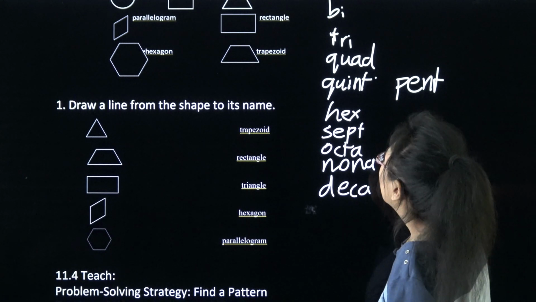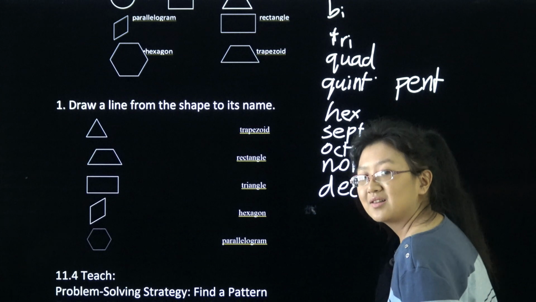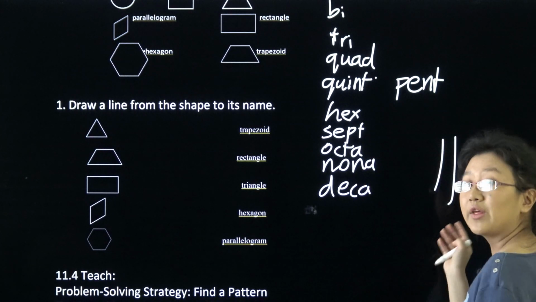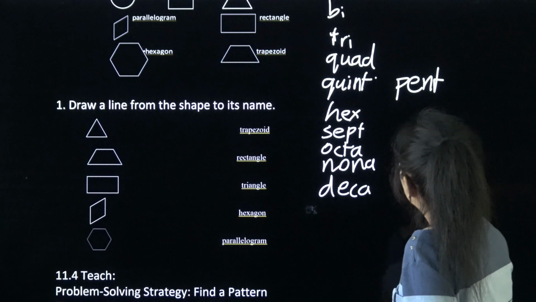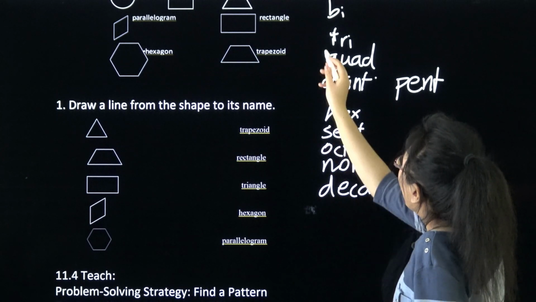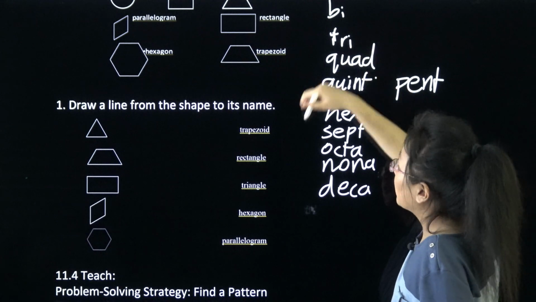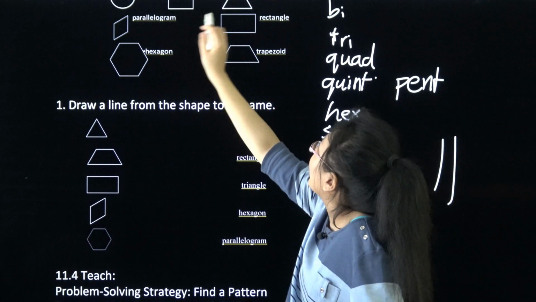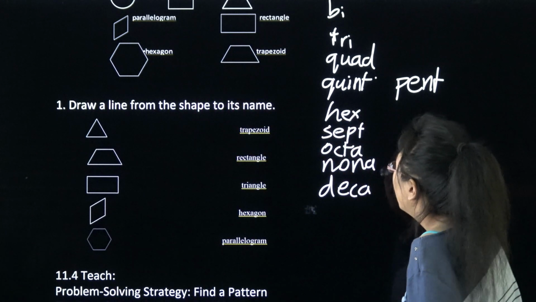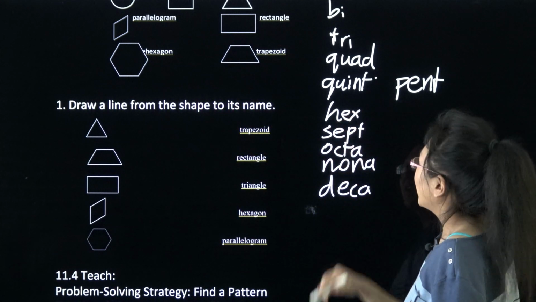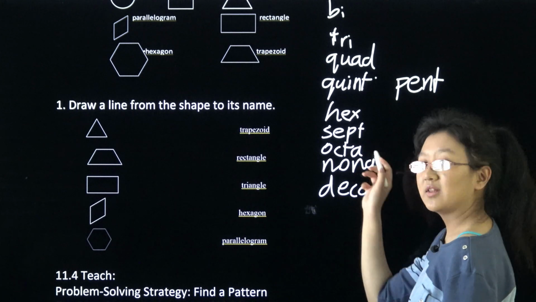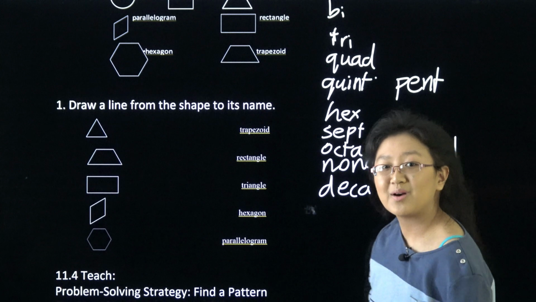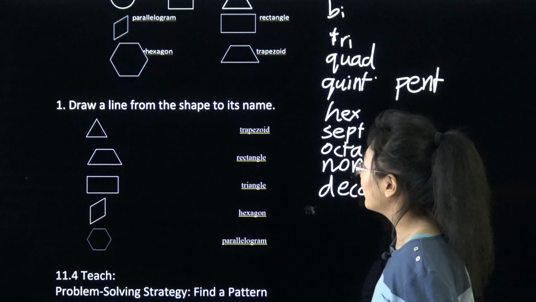So then we don't have a bigon because you can't make a shape with only 2 lines. If you've ever tried, you know that it doesn't work. So we have the triangle, we have quadrilaterals, which is a big family of 4-sided shapes, such as the trapezoid, the parallelogram, the rectangle, and the square up there. We have the pentagons, the hexagons, the septagons, and octagons, the nonagons, the decagons, and so on, which we won't be going into right now.